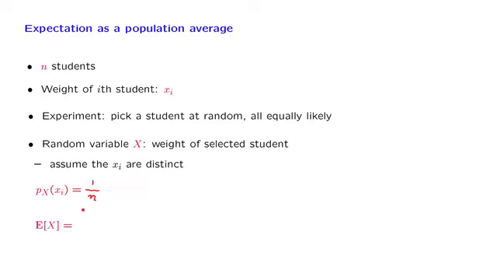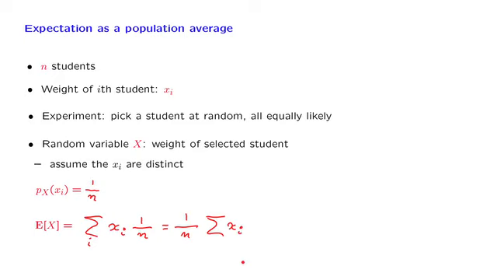And now we can proceed and calculate the expected value of the random variable x. This random variable x takes values, and the values that it takes are the xi's, and a particular xi will be associated with a probability of 1 over n, and we're adding over all the i's or over all the students, and so this is the expected value. So what we have here is just the average of the weights of the students in this class.